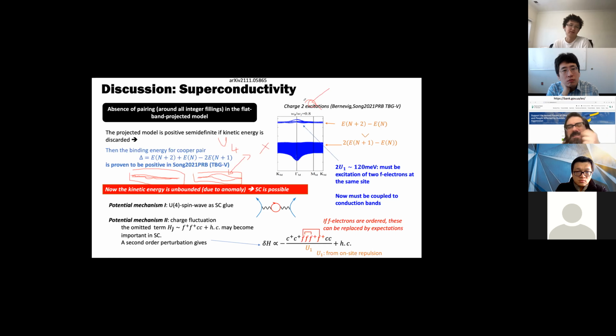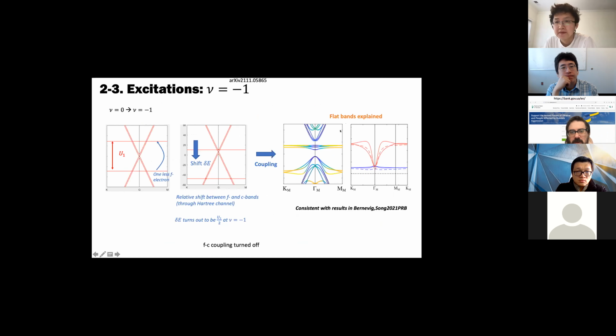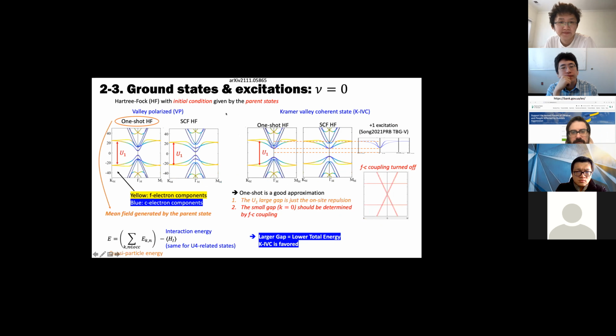So the separation of scales is what makes this useful. Any order parameter that's got on-site amplitude here is not going to be good, because that's got a huge Hubbard U. Those are the rules.